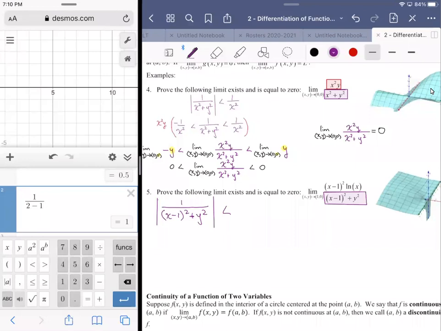All right. So I could say that this is less than 1 over y squared, and I'll rewrite the whole thing. We could look at it as 1 over x minus 1 squared. Either way, it's going to be equivalent. All right. I'm going to go with the simpler one, though.